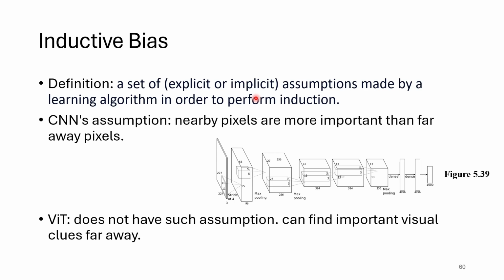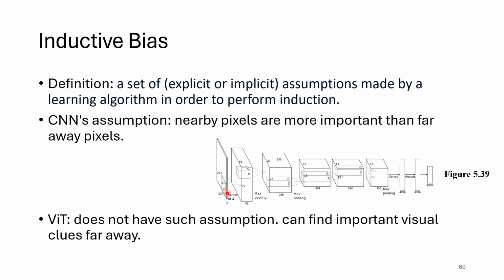And what is the inductive bias of a CNN? This assumption is that nearby pixels are more important than faraway pixels. Why? Because this is AlexNet. When we use a convolution kernel, what does it mean? We want to know the relationship of a pixel to the surrounding pixels.